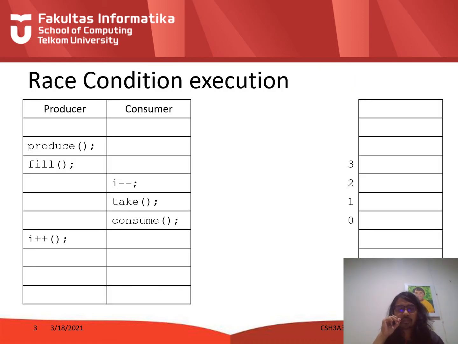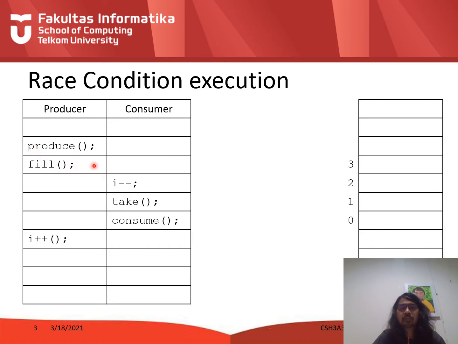So the race condition will look like this. This is exactly the same condition as in the last video. The difference is here: when the producer produces and then fills, an interruption happens, because in a race condition in concurrency, an interruption can happen at any time.